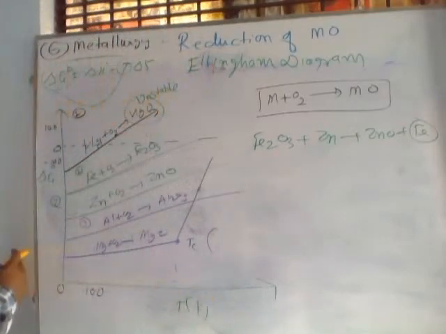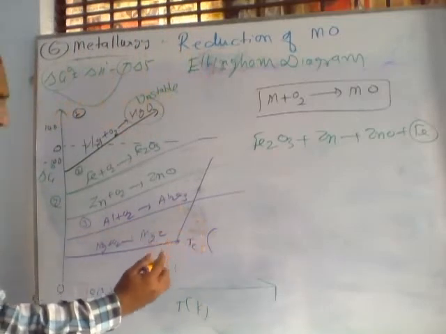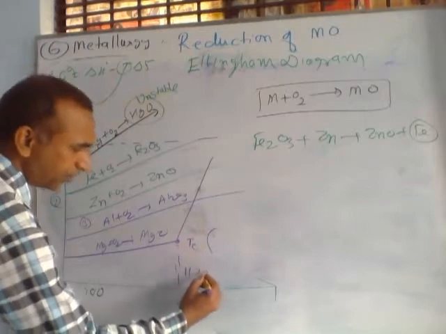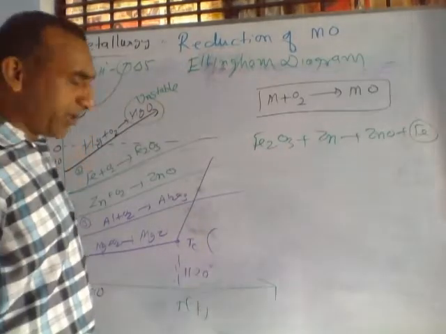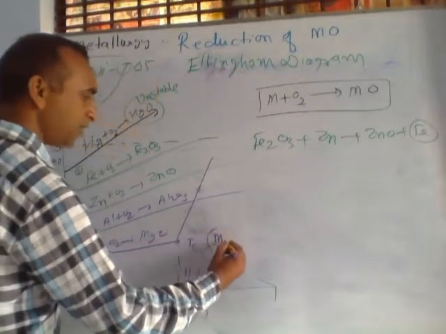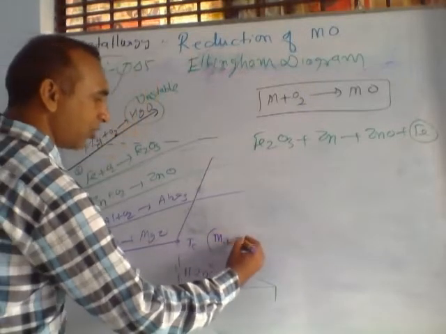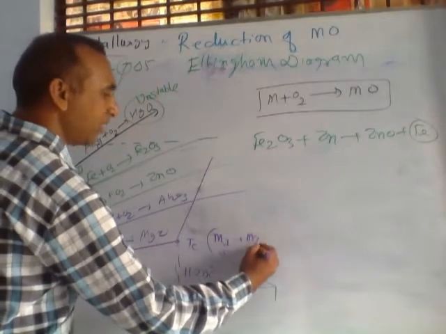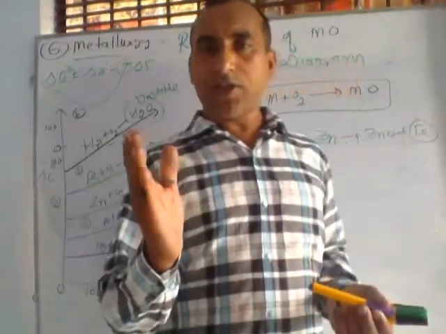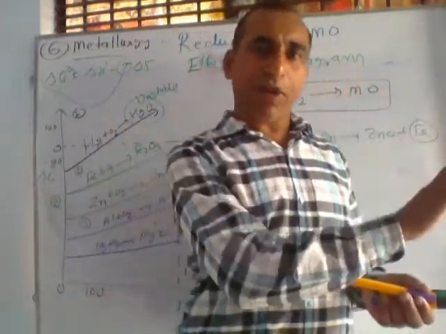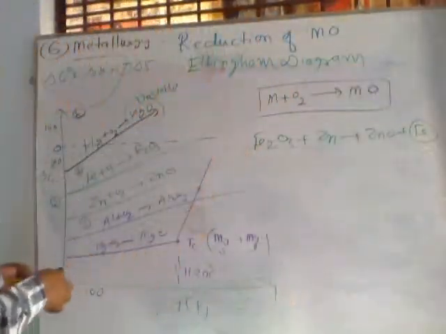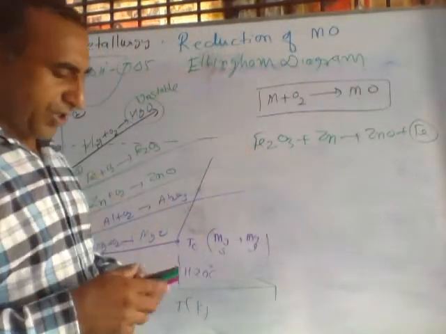If we heat magnesium at a temperature, for example 1120 degrees Celsius, at this temperature magnesium metal is converted from solid into liquid. This is called change of state. If the state changes from solid to liquid or liquid to vapor, the graph suddenly changes. This sudden change indicates a change of state.